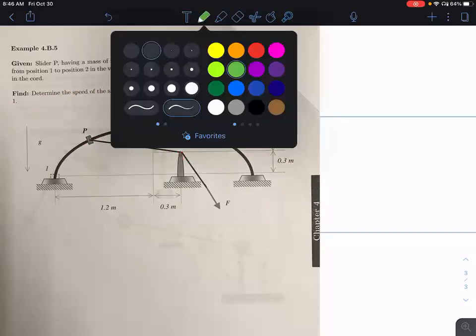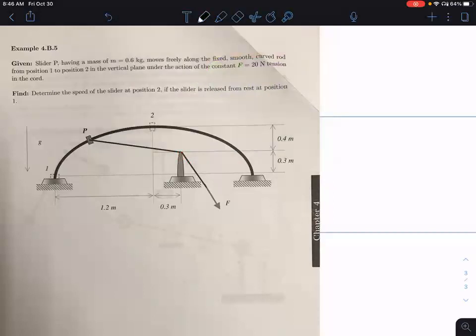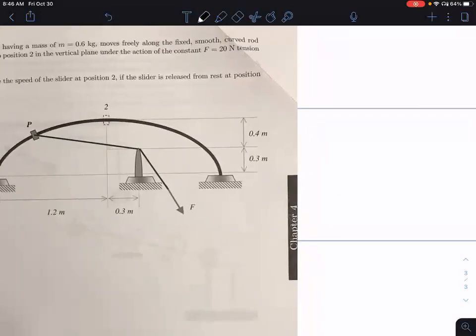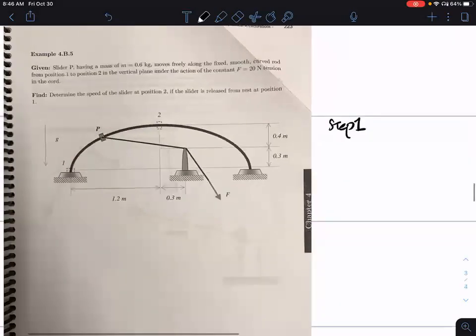So let's set up the free body diagram. That's step 1. We've got particle P. We have a weight force.